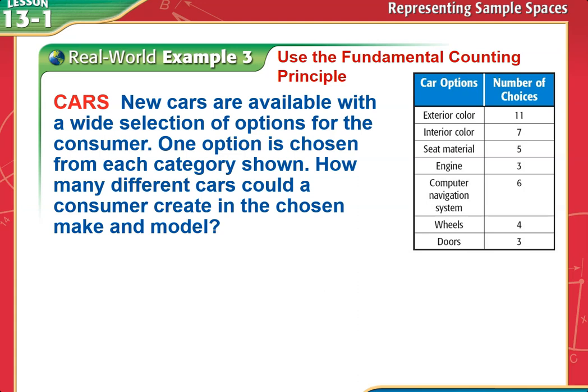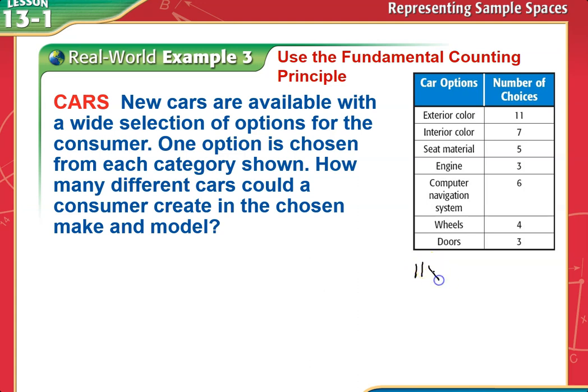Okay, using the fundamental counting principle. New cars are available with a wide selection of options for the consumer. One option is to choose from each category shown. How many different cars could a consumer create in the chosen make and model? Alright, so exterior color, 11. So we have 11 choices.